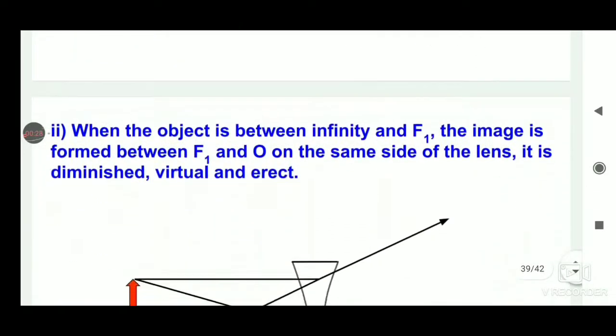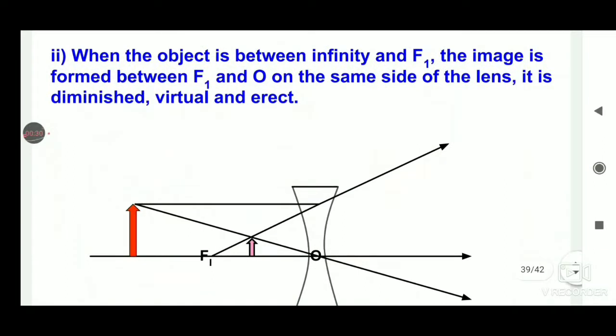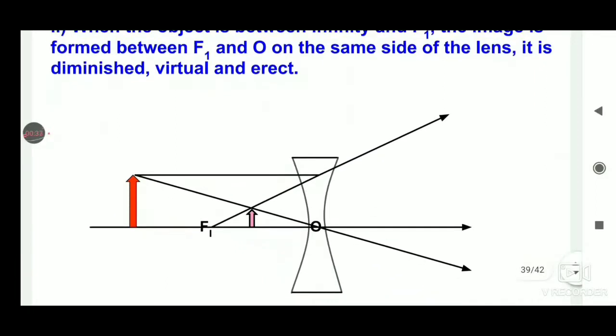And in the second case, when we place the object between infinity and F1, the image is formed between F1 and O, that is the optical center, and on the same side of the lens. Image is again diminished, virtual and erect.